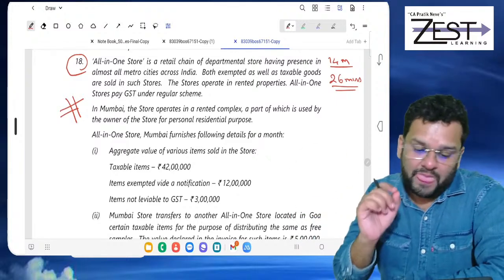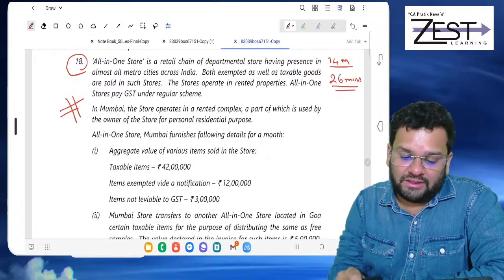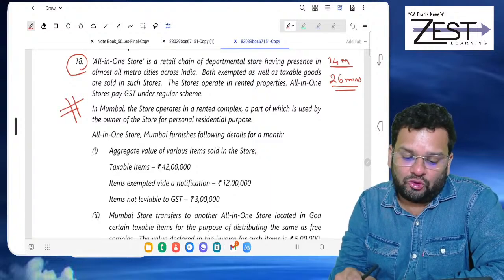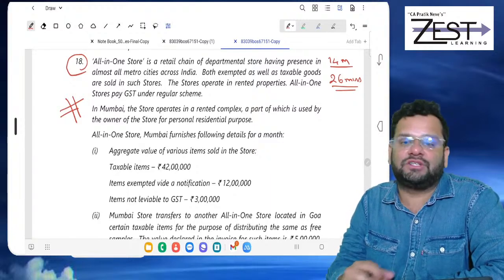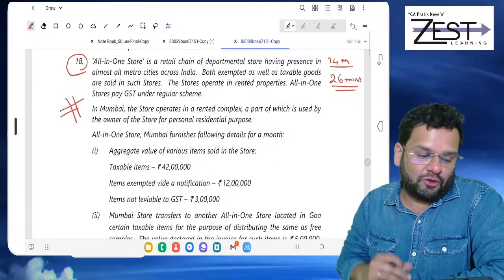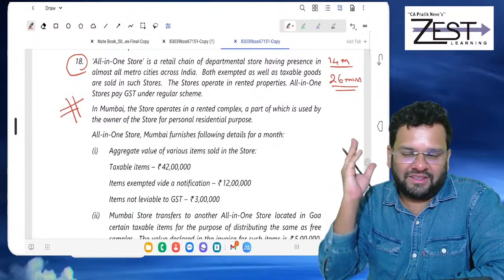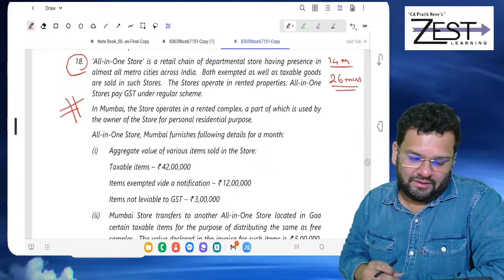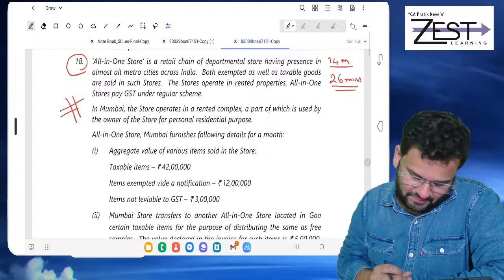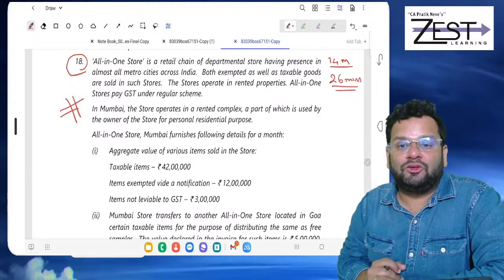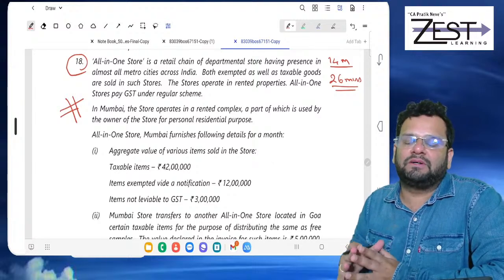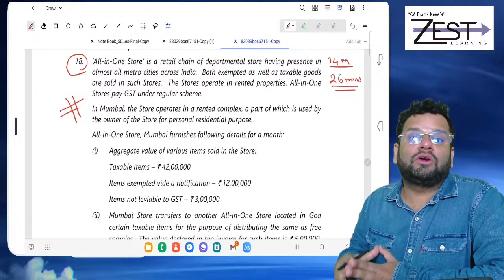Chalo. See, All-in-One Store is a retail chain of departmental stores having presence in almost all metro cities across India. You know, unnecessary information you have to take from one ear and leave it from the other. Clear? In your costing paper, FM paper, accounts paper, tax paper, they will give you unwanted information.